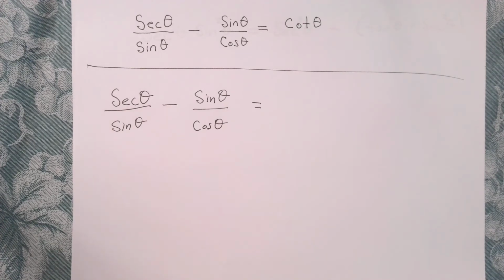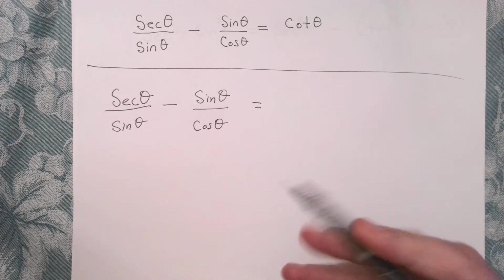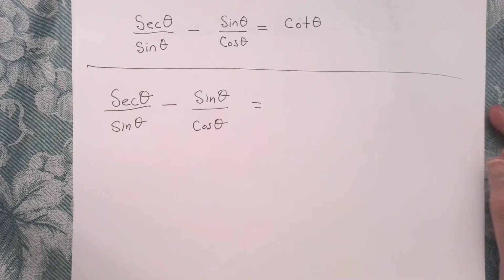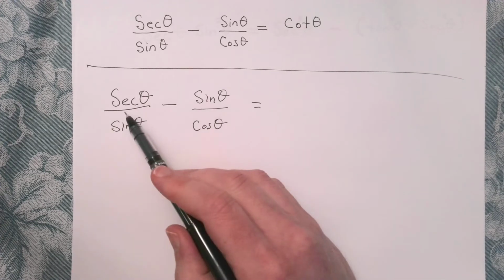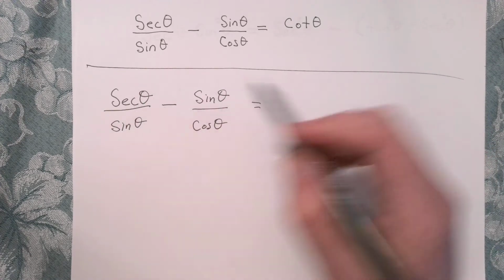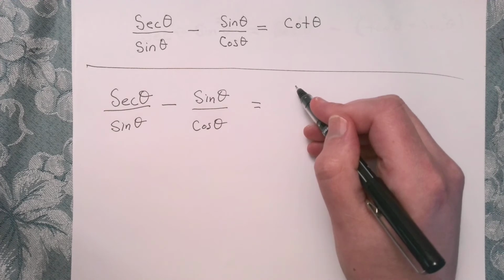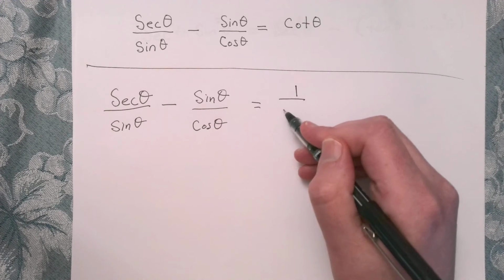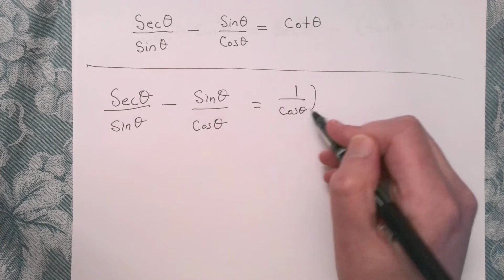So one thing we could do, we might try to get everything in terms of sines and cosines. You might see a quicker avenue, but you just have to plunge in and try something, right? So let's try something. So secant, that's 1 over cosine, right? So that's 1 over cosine of theta.